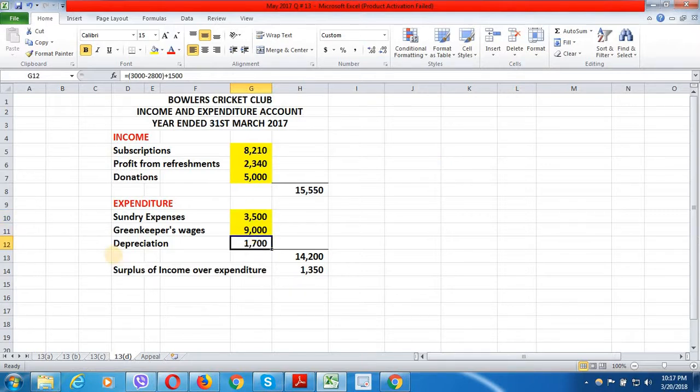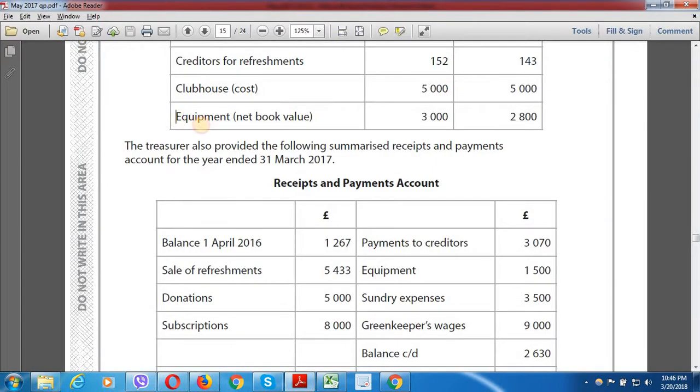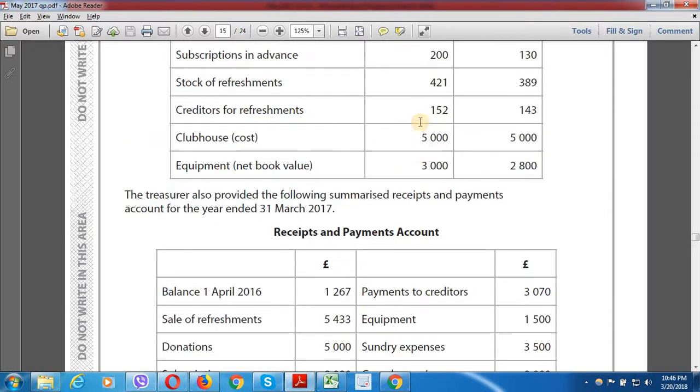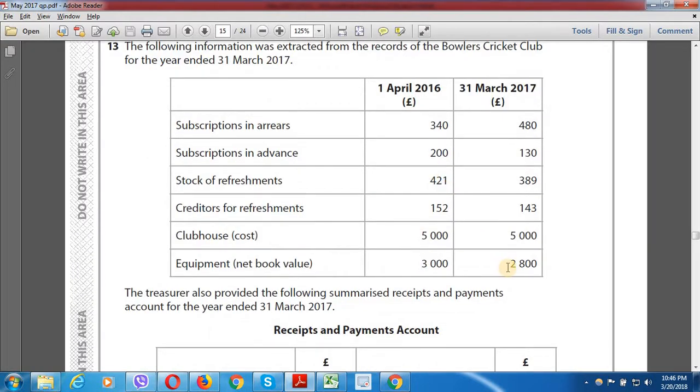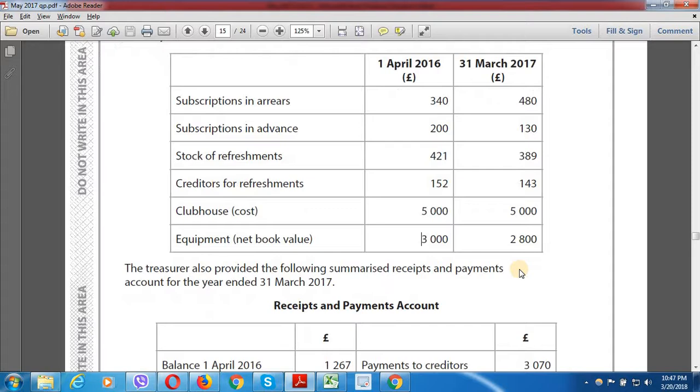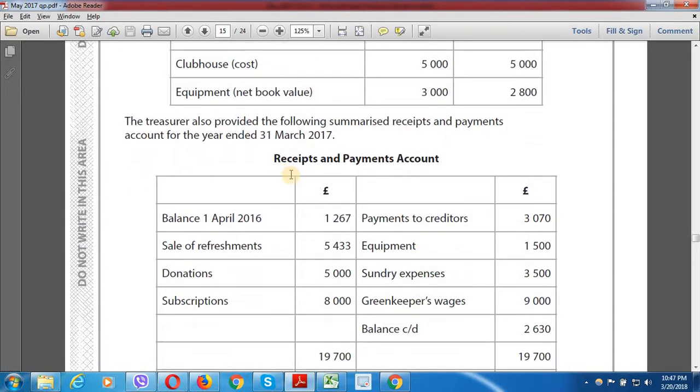And then the depreciation part. In this question, depreciation is calculated in a different way. Let me show you how I have calculated it. Please have a look. Equipment net book value opening was £3,000 and closing was £2,800. And if you have a look carefully in the receipts and payments account, on the payments side, 1,500 was paid for equipment. It means during this year 1,500 equipment was purchased.